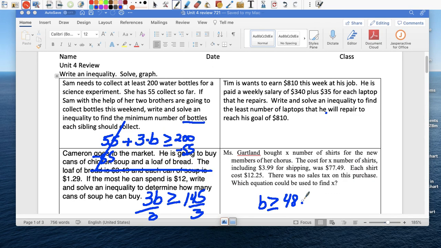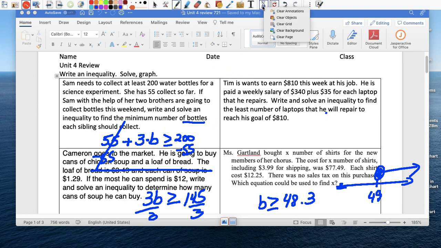So in order to reach your goal, you have to collect 48 and 1/3 of the next bottle, which is not possible. Therefore, you need to collect 49 bottles. In order to achieve this, you have to collect 49 or more bottles. And that's what you're looking for. Every other question is going to be one variation of that.